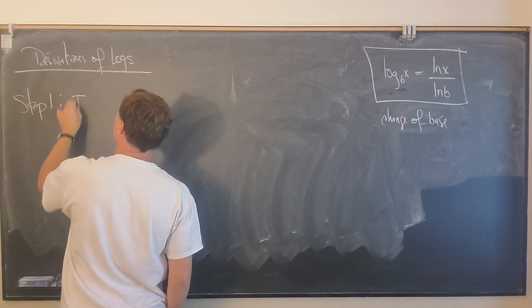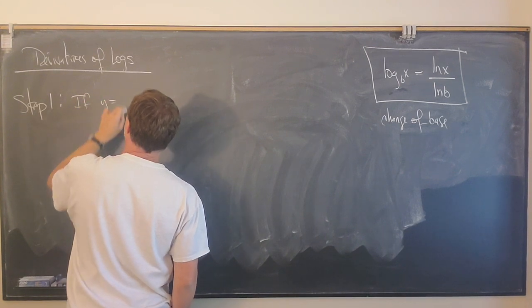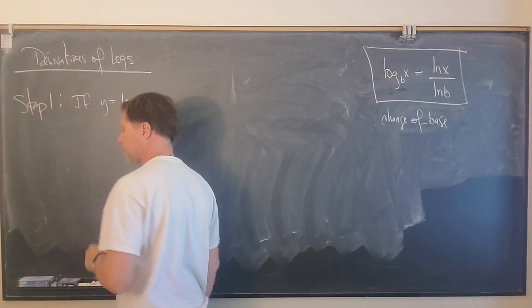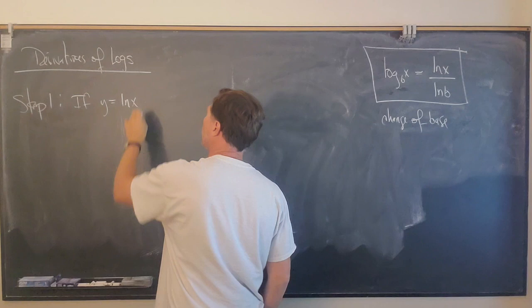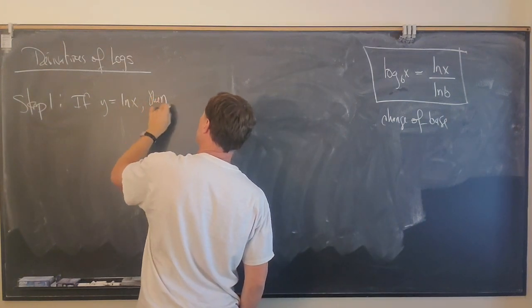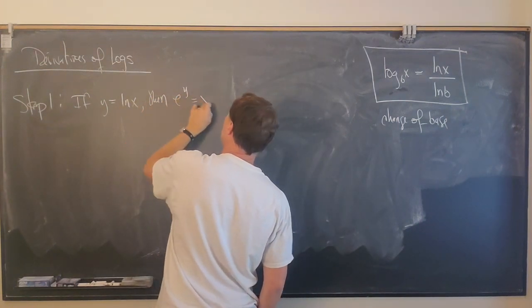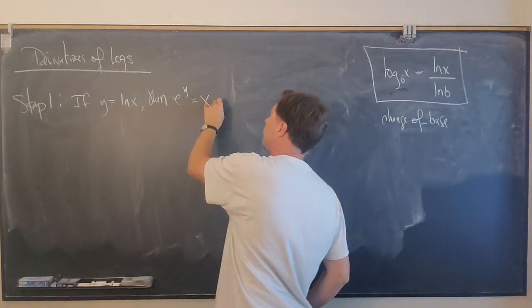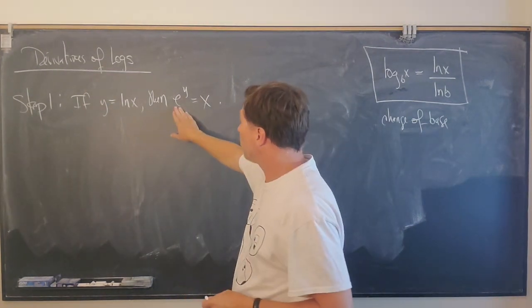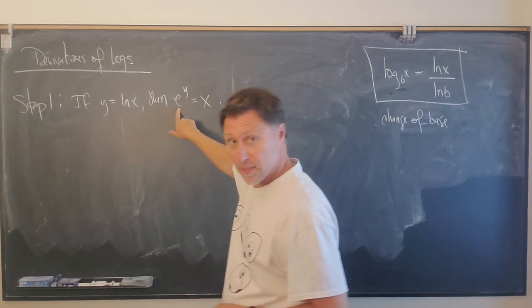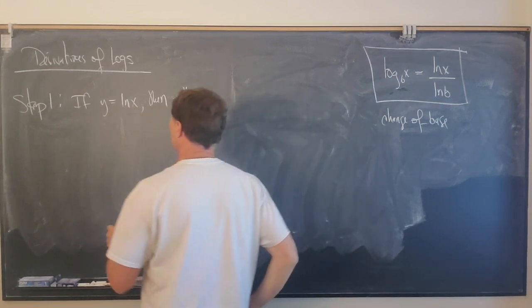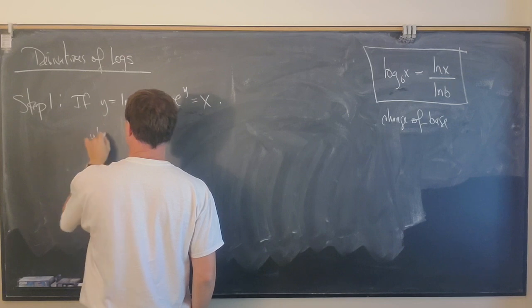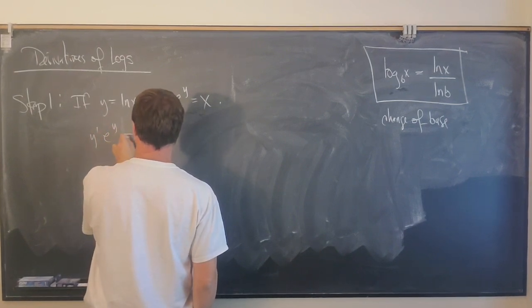So if y equals natural log of x, then the relationship is that e to the y equals x. And what I'd like to do is take the derivative here using implicit differentiation. Remember how implicit differentiation goes: the derivative on the left-hand side will be y prime e to the y.